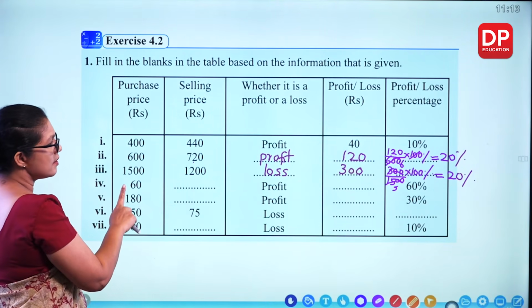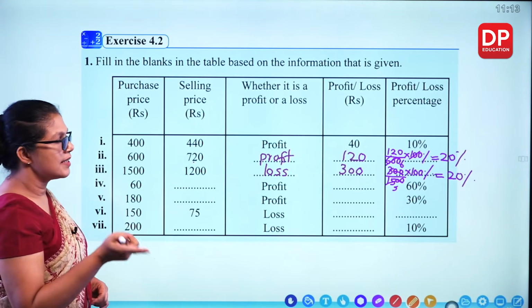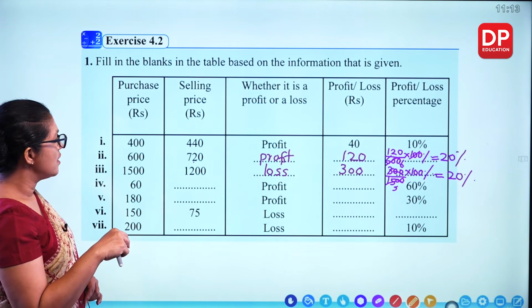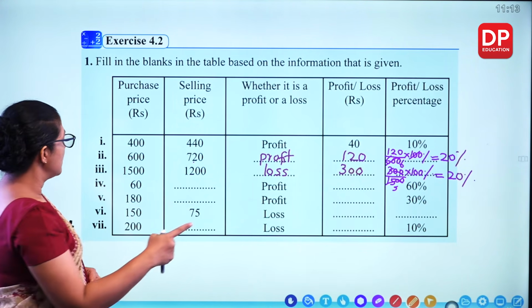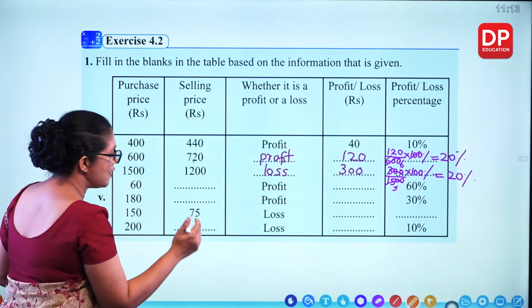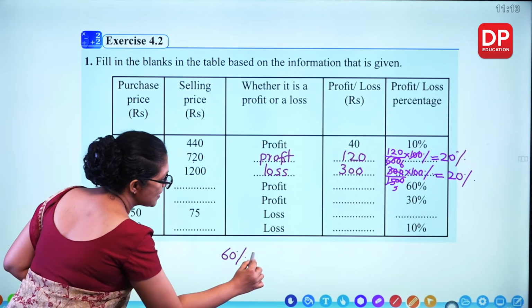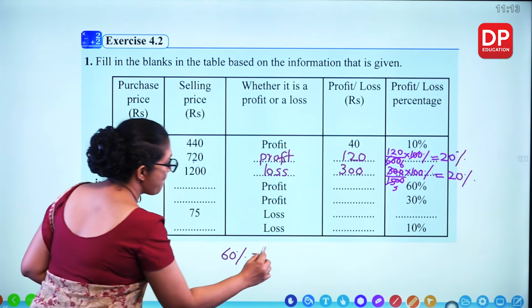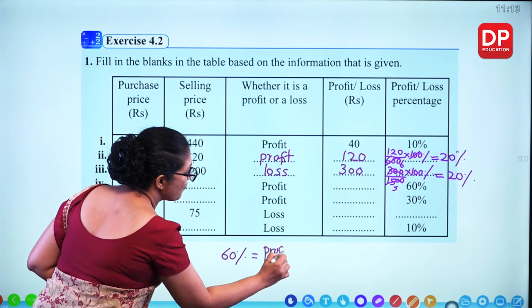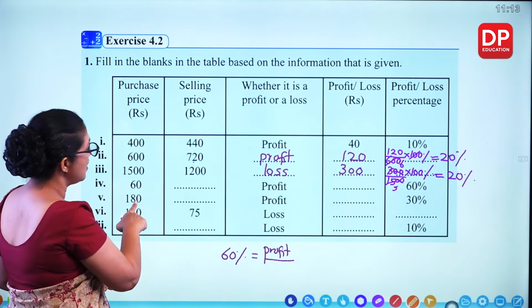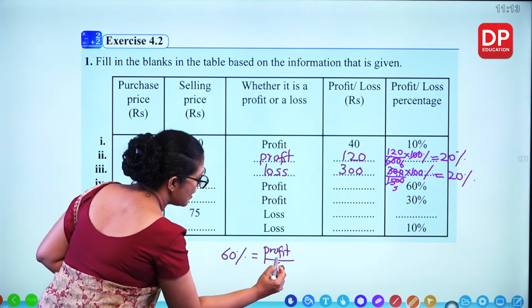This one, profit percentage is given. 60% is the profit percentage. So how can you find out the profit? So you can do other way around. We know 60% is the profit percentage is equal to profit over buying price, buying price is 60 into 100.